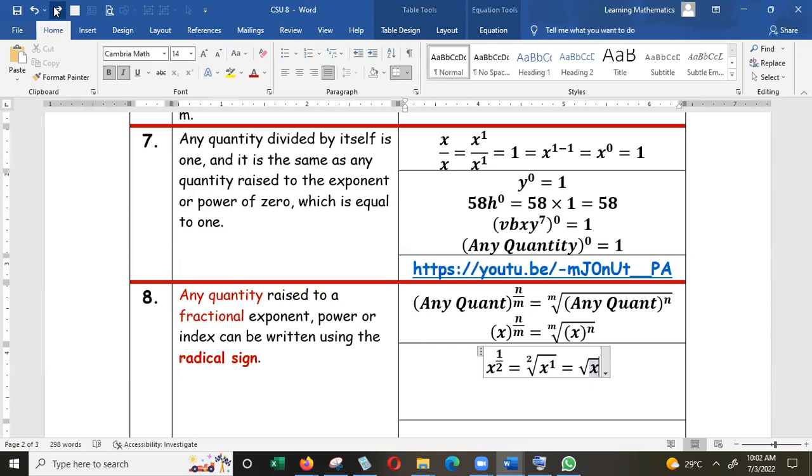And if your exponent is 1, as we saw already, you don't necessarily have to write the 1. Just know that there is an invisible 2 and an invisible power of 1 over the x. So all in all, x raised to a half is the same as the square root of x. Please write this down, and you can write it a couple of times to get accustomed.